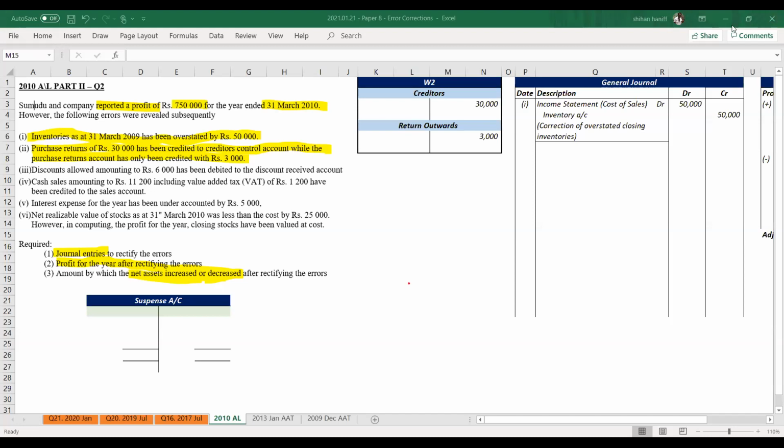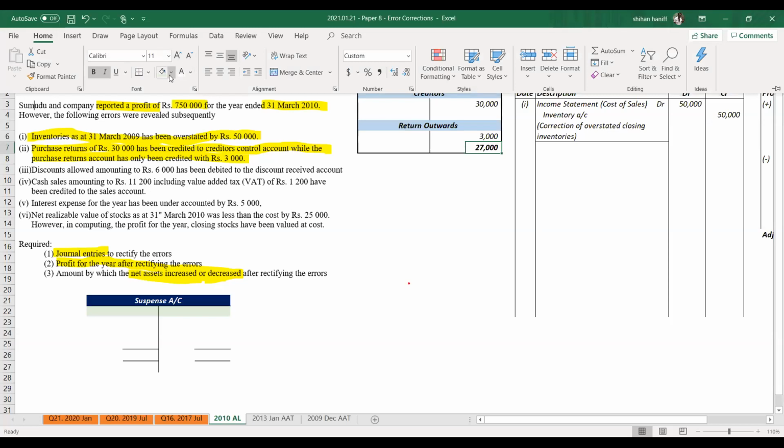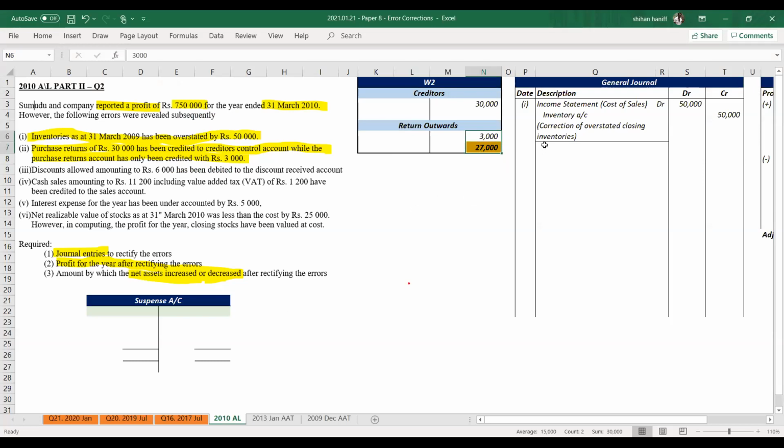Right, so let's check this. Okay, so let's check the answer. Return outwards, we have to credit another 27,000. So that will be correct.